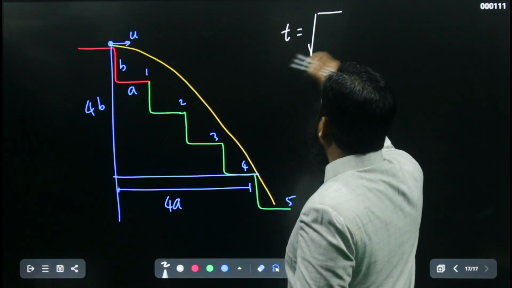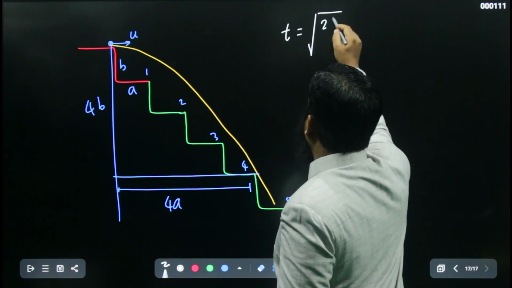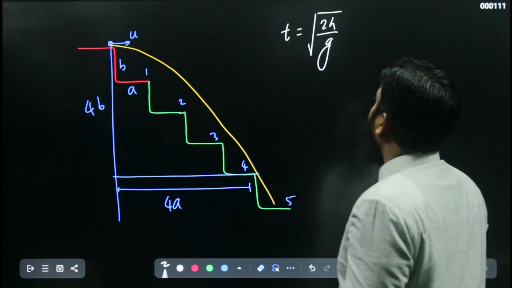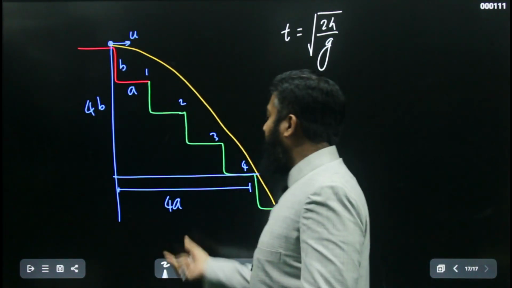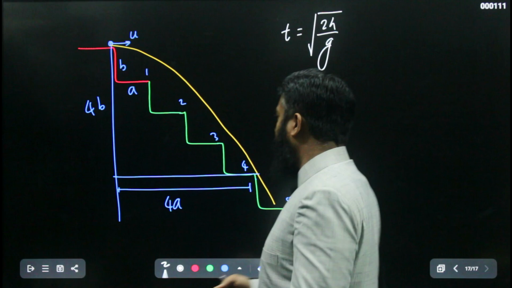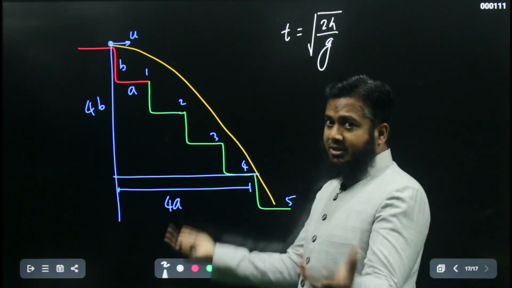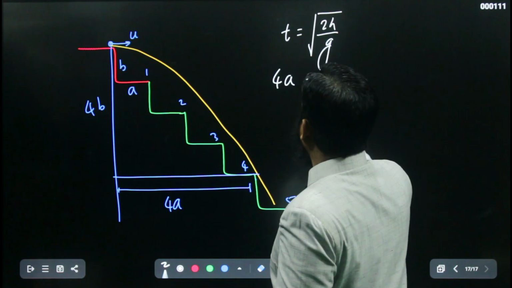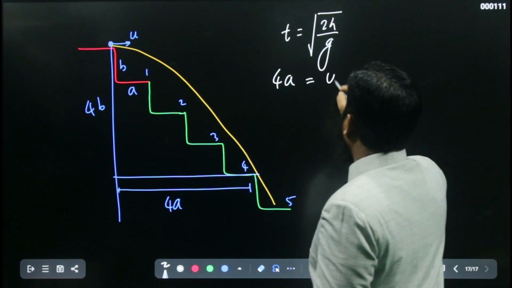The time taken by the object in descending height h is simply under root 2h upon g. And in this same time, it moves a distance 4a horizontally. So there is no acceleration in the horizontal direction, so distance traveled is equal to speed into time.